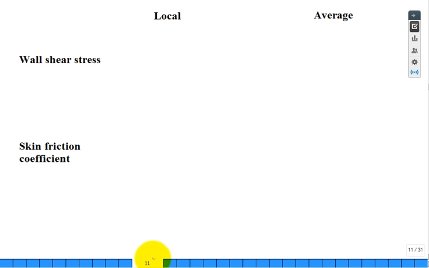Okay, so we have some equations for the wall shear stress. What was our symbol for that? Was that tau, tau subscript s? How did you calculate it? Mu, a property, times du/dy at y equal to 0. Then we had our skin friction coefficient. What was our symbol? C sub f. What was it defined as?